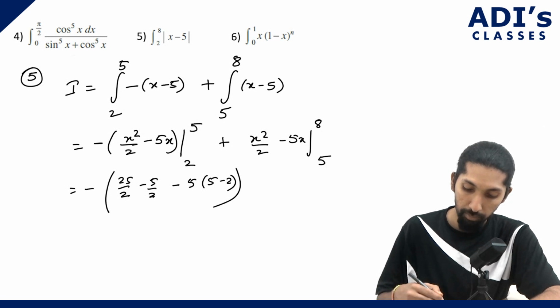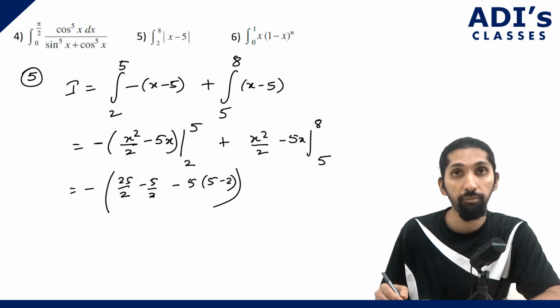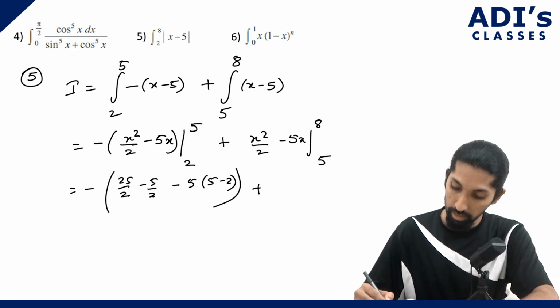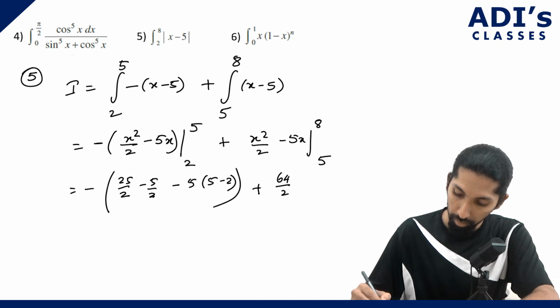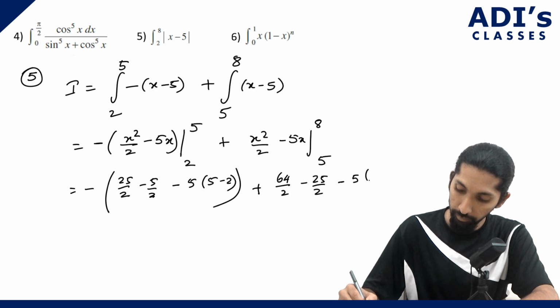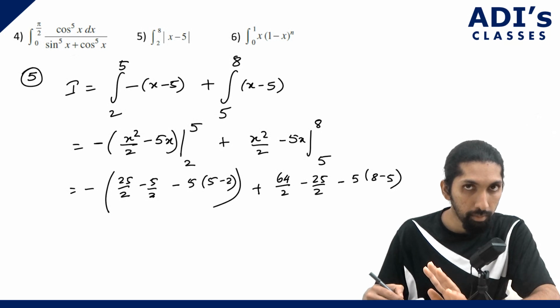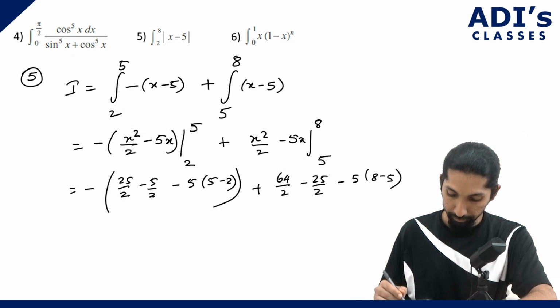See, this is for the first part, that is minus of x minus 5 part. The next one plus, you get 64 divided by 2 minus 25 by 2 minus 5 times 8 minus 5. Now all the limits have been substituted, correct?